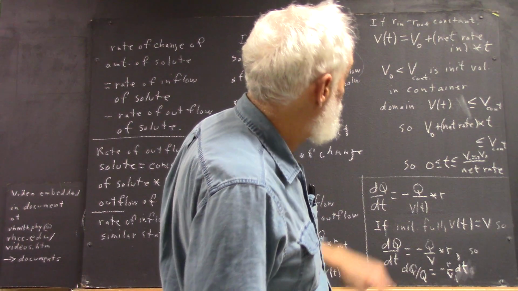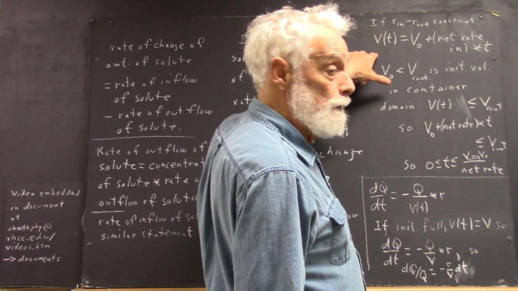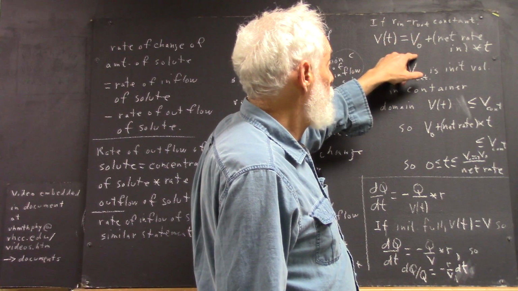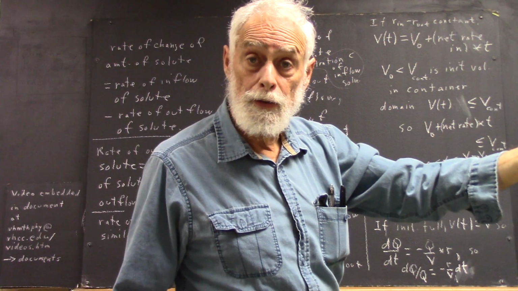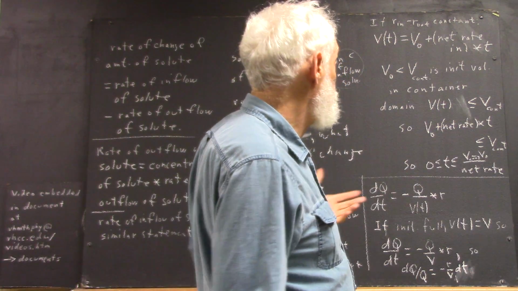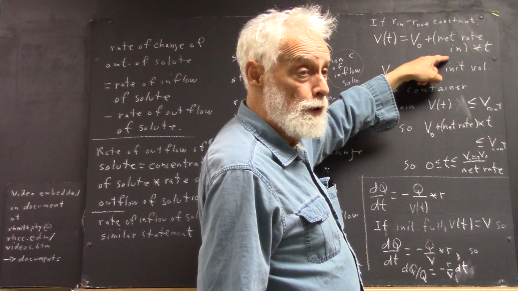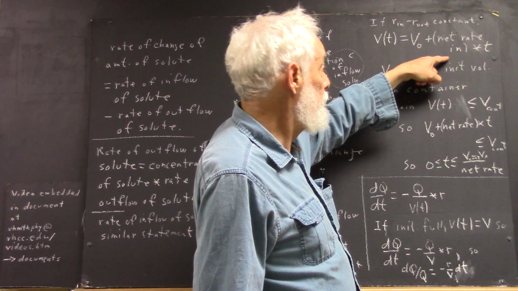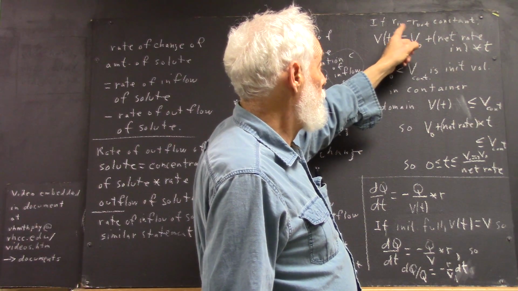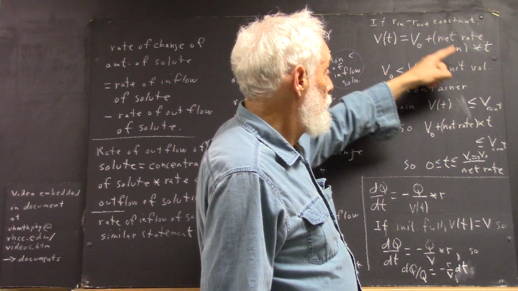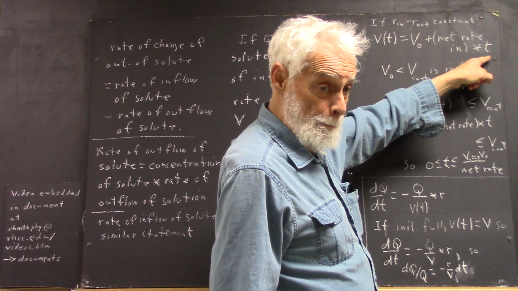Okay. Then we can say that the volume as a function of t is V naught, which is taken to be the initial volume of the solution, plus the net rate at which solution is flowing in, and that of course would be the rate in minus the rate out, and then you multiply that by the time.